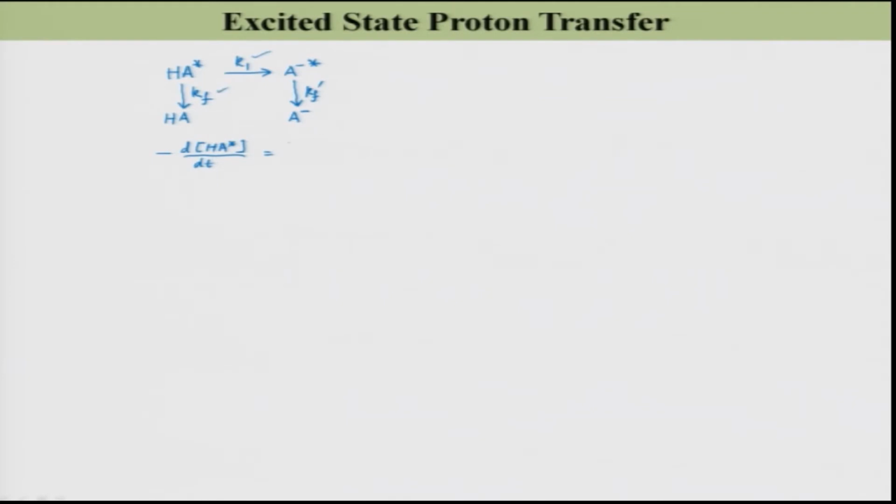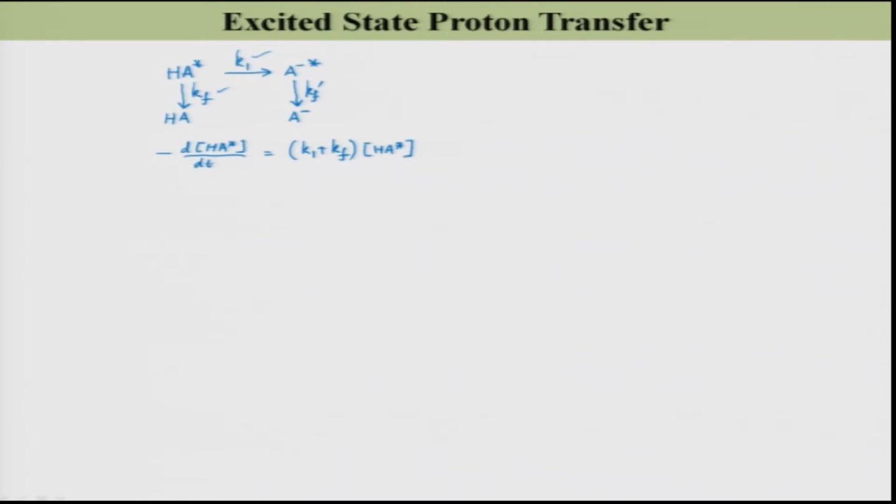So I write K1 plus Kf, all small k, do not confuse with capital K, times the concentration of HA star.